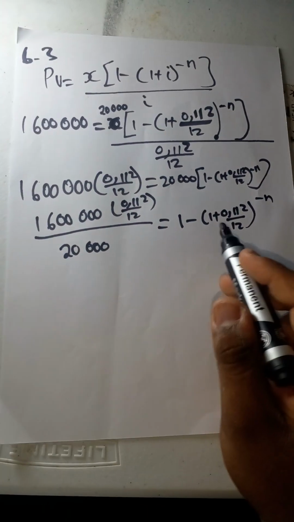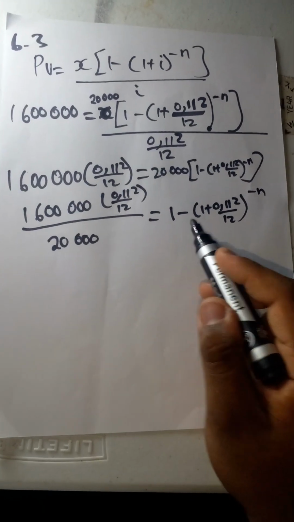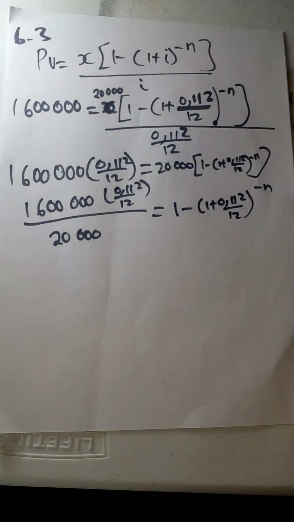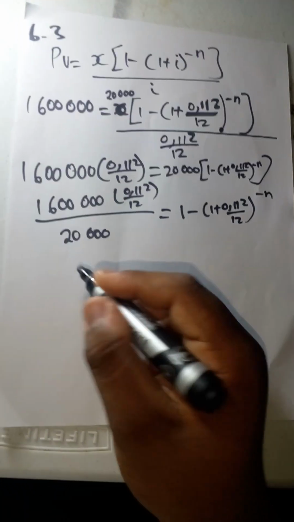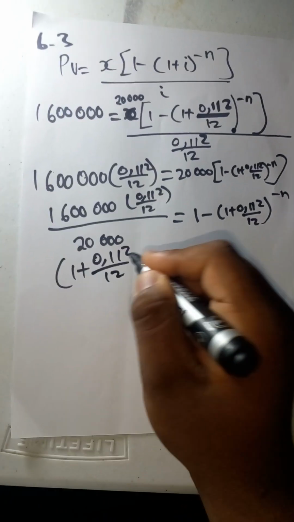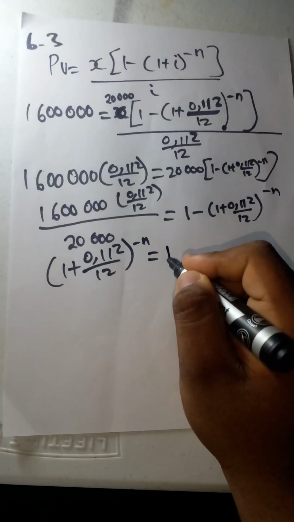Negative n. So now, as you can see, this one is negative, right? Let's take it to the other side and take this one to the other side. I'm advising you even right now, don't write this one on your calculator to avoid decimals. So now I'll have what? 1 plus 0.112 over 12 to the power of negative n, which equals to 1 minus.